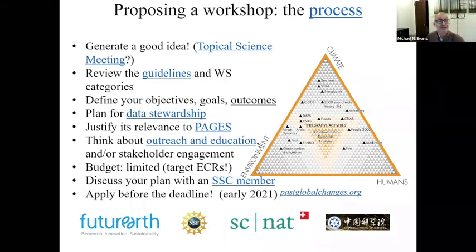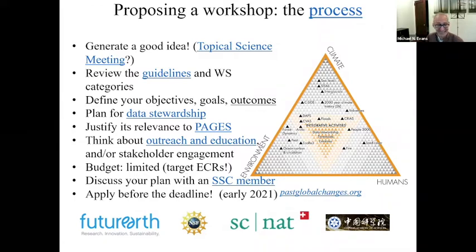Okay, now suppose you have a working group set up. Well, what PAGES typically funds are workshops. And there are a lot of restrictions on what PAGES can fund in its workshops. But one of the things that it does is it really tries to target early career researchers.